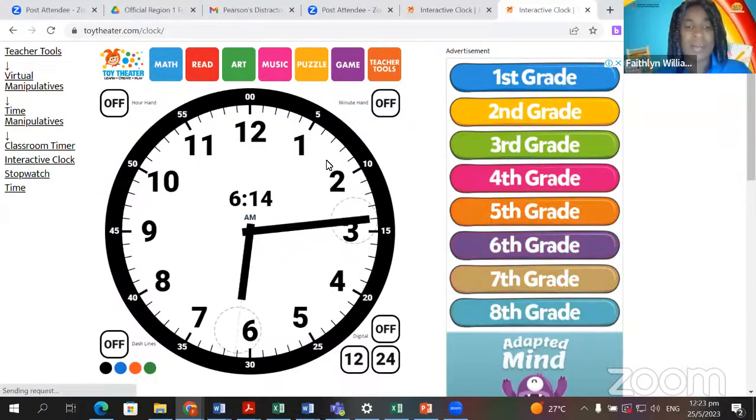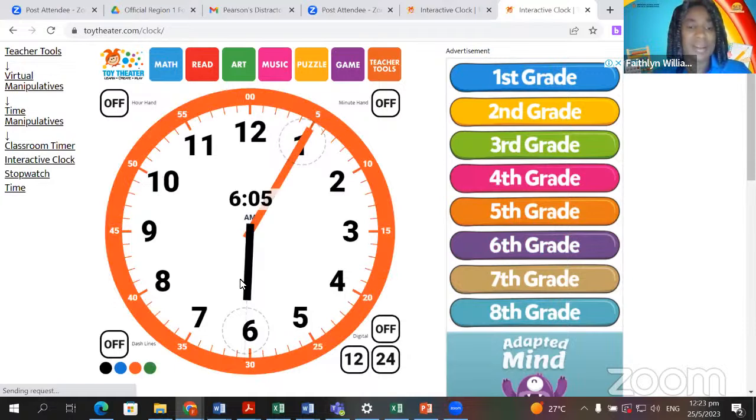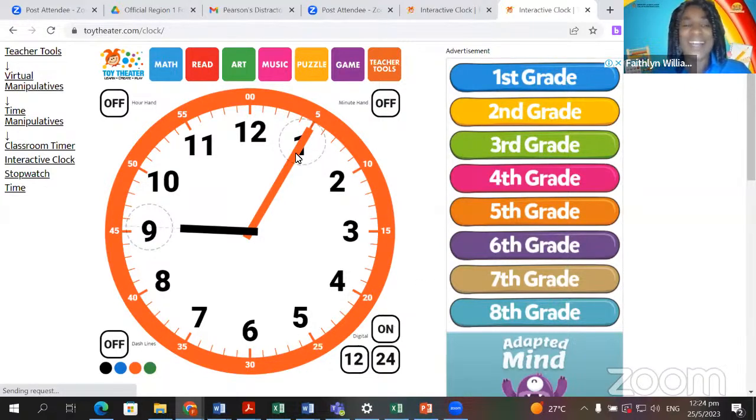All right, go ahead, miss. Can we get a color change, miss, so they can see what's happening with the minute hand? No problem. So we were at 9:05, right? Yes, 5 minutes past 9. Great. So there it is.